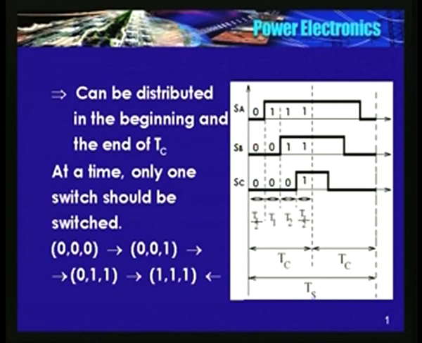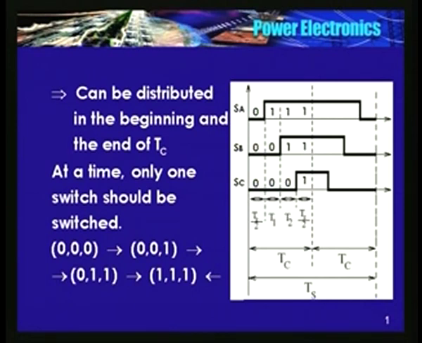See, after some time I am turning on the upper device of phase A. Phase B and phase C upper devices are still off, the lower devices are on. So, this is nothing but 0 0 1. The V1 vector is applied for T1 duration.